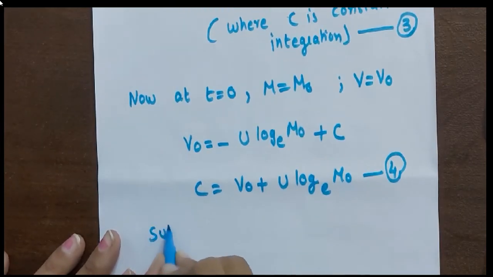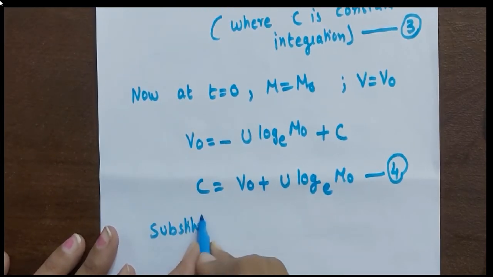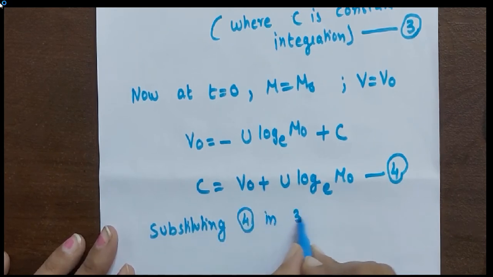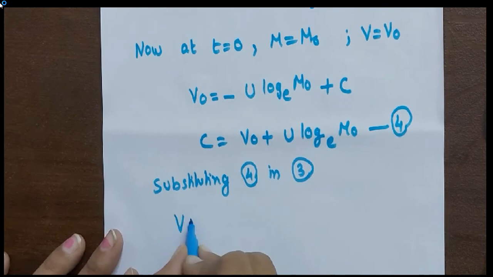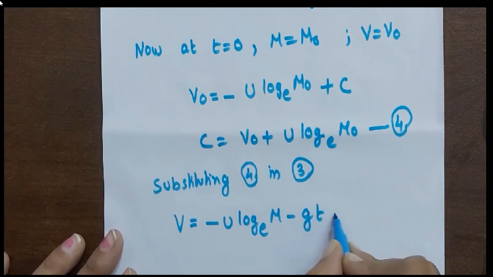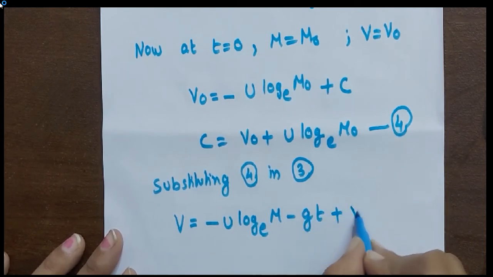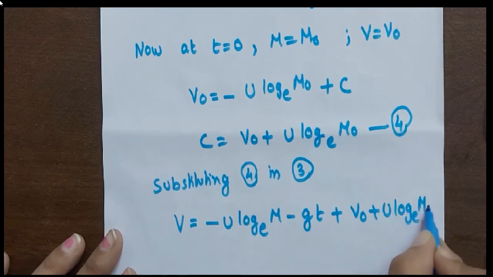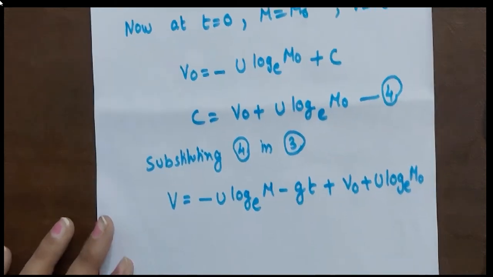Substituting 4 in 3, V is equal to minus u log e M minus gt plus V0 plus u log e M0.